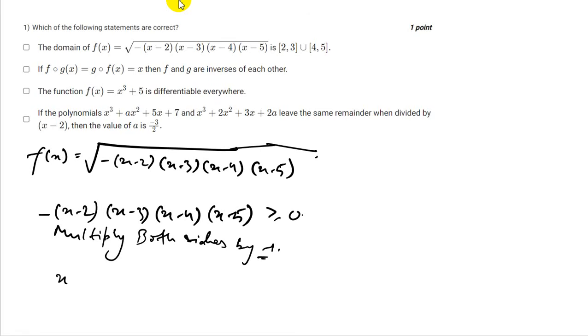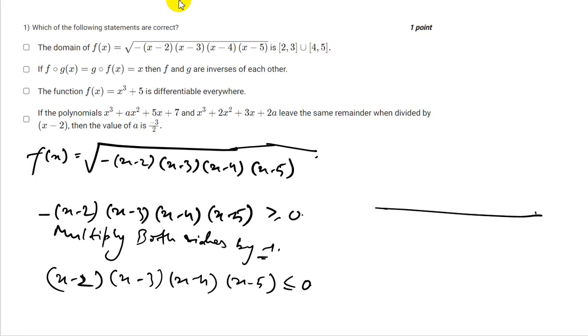So what we'll get is (x minus 2)(x minus 3)(x minus 4)(x minus 5) less than or equal to 0. Okay, now we can make the sign scheme of this. Okay, so we have 2, 3, 4 and 5, and its sign scheme will go like this: plus, minus, plus, minus, plus.